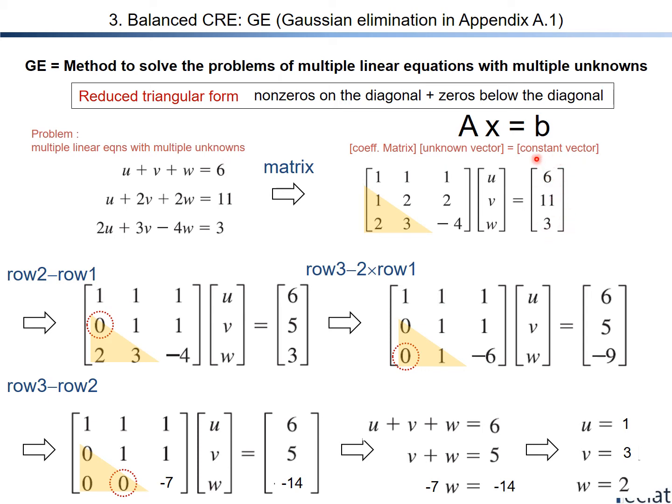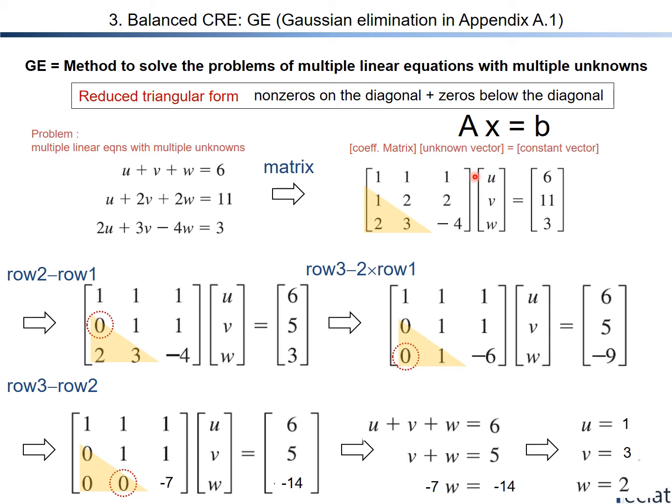This is called the constant vector. So the matrix A times the vector X is equal to some vector. Right now we have the matrix representation of the multiple linear equations with multiple unknowns. Then how can we solve these problems?